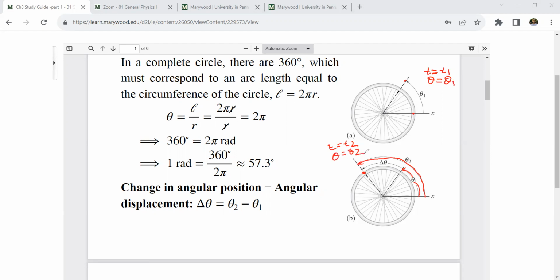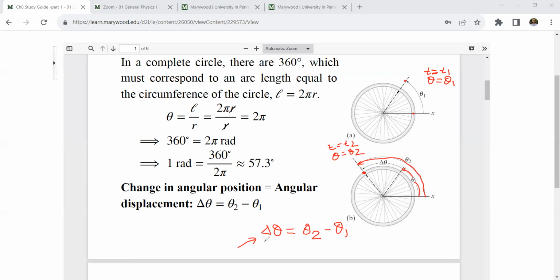So the change of the angle between t1 and t2 is delta theta. Delta theta is the angular displacement. It is the final angle minus the initial angle. The final is theta 2, initial is theta 1. This is the change in the angular position, and change in the angular position is the angular displacement.